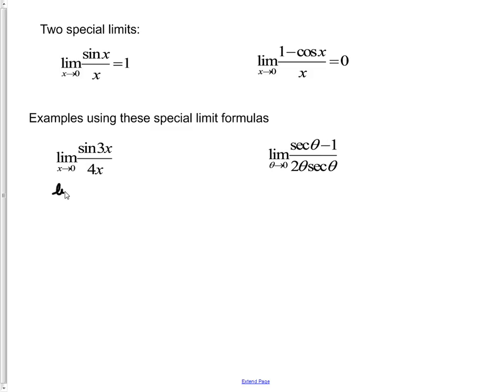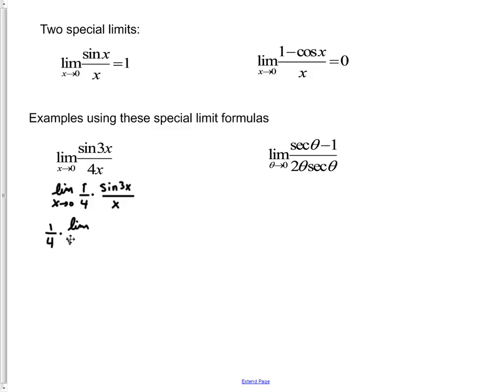We're going to rewrite it recognizing that we're going to be taking the limit as x approaches 0 of 1/4 of the sine of 3x divided by x. So what we would do right here, just take that constant outside, right? We're 1/4 times this limit.